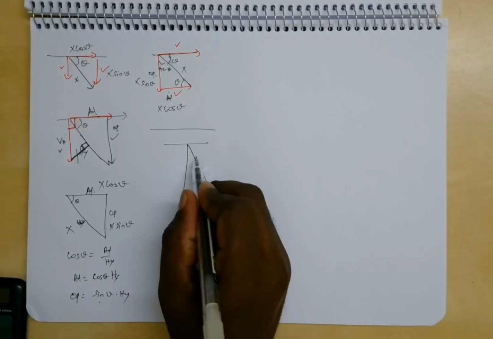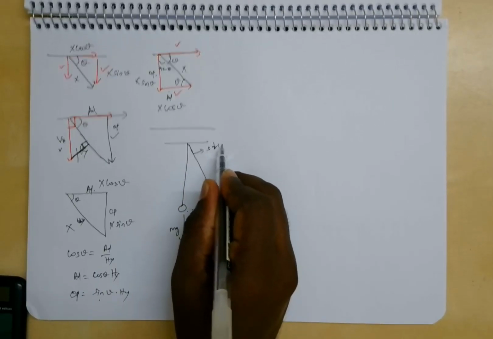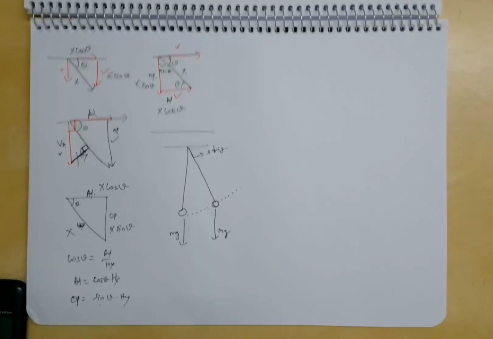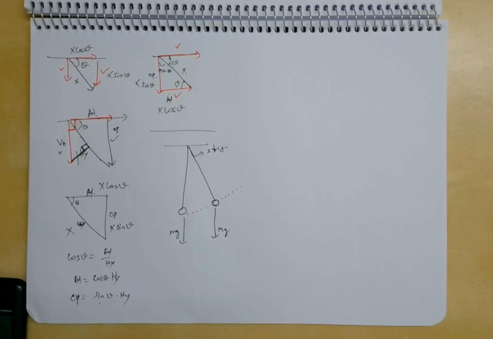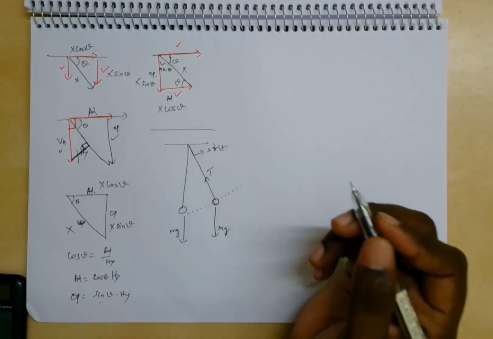Okay. Now, this is the string. If the string is weak, can this hold the pendulum? So, it has to hold, otherwise, it will snap. So, there is a force, tension, in the string.